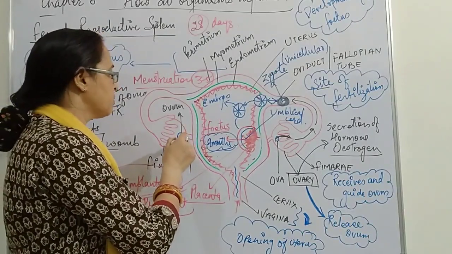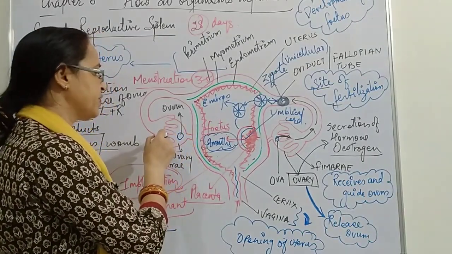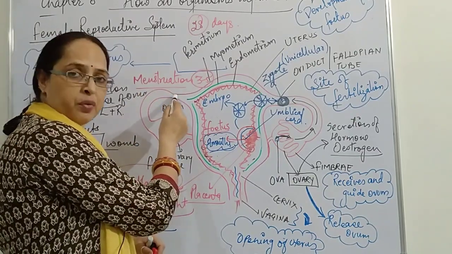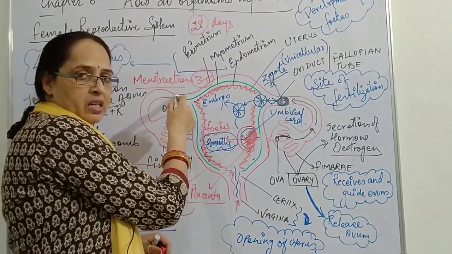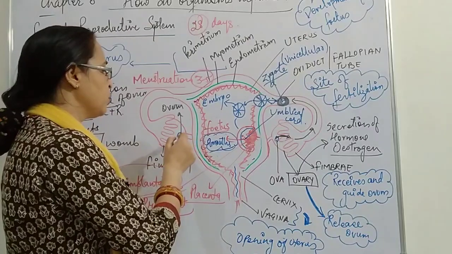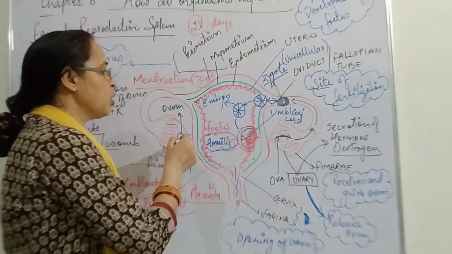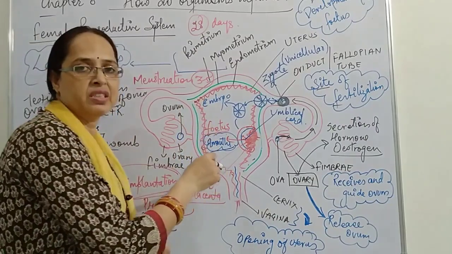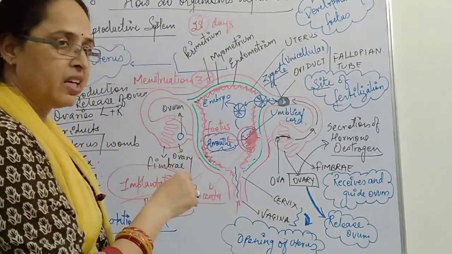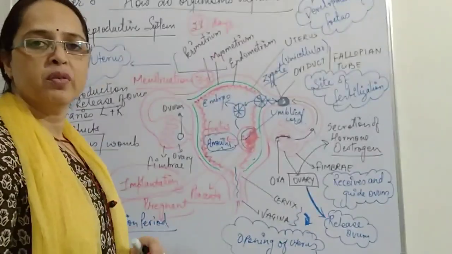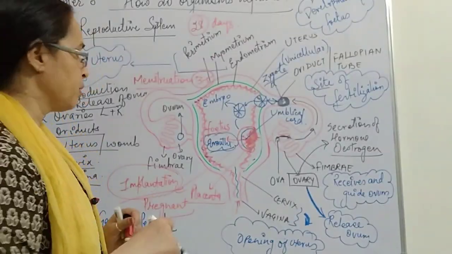The ovary releases ova, the ova are received by the fimbriae, and the fimbriae allow the ova to enter the oviduct. Fertilization occurs in the oviduct. When ova are released, estrogen hormone is released. Estrogen makes the inner wall of the uterus thick for implantation, so that it can provide nutrition to the developing embryo.